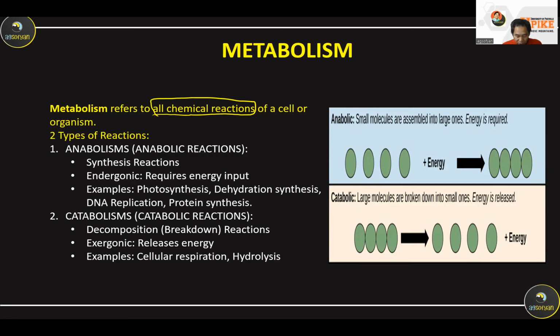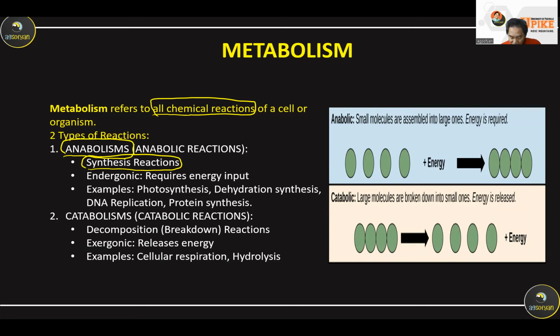The first one is called anabolism. Anabolism means this is a synthesis reaction, also known as an anabolic reaction. These are reactions that create bigger molecules from many smaller molecules.